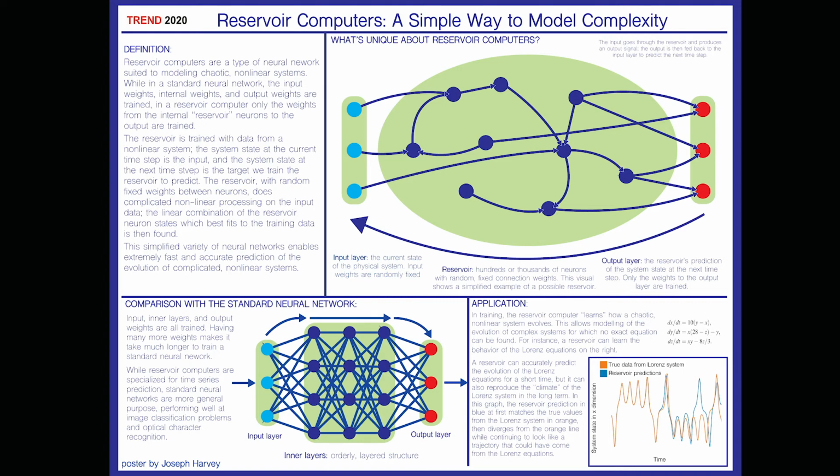First things first, we have to create our reservoir. Generally, the bigger the reservoir, the better the performance. So we can collect several thousand random input weights and several thousand random hidden weights to represent our reservoir. Next, we do the most important step in every machine learning algorithm. We train our network.